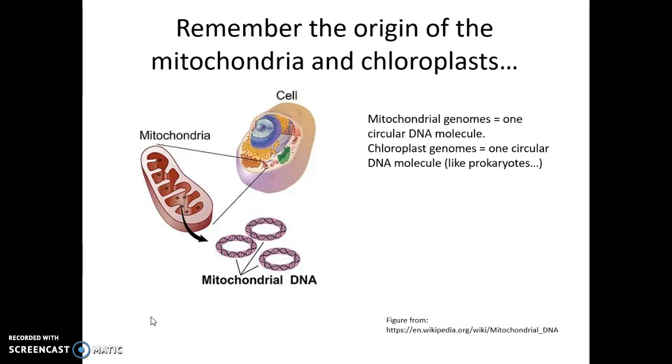And that is to remind you of a theory called the Endosymbiosis theory. The idea that eukaryotic cells gained most of their organelles, specifically the mitochondria and the chloroplast, through a process called endosymbiosis.